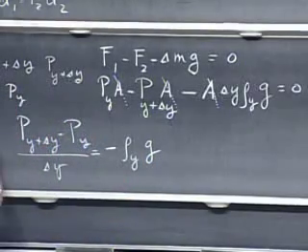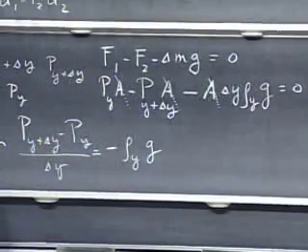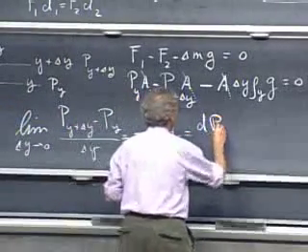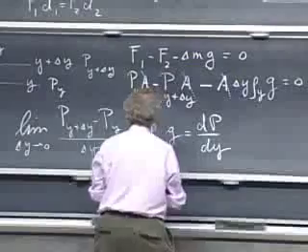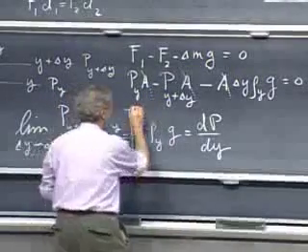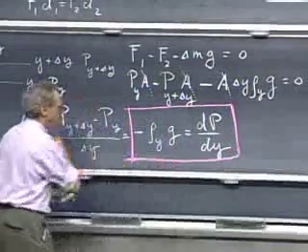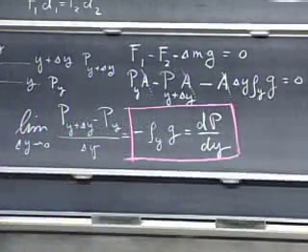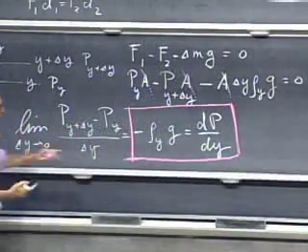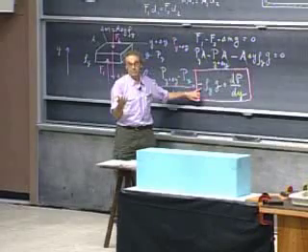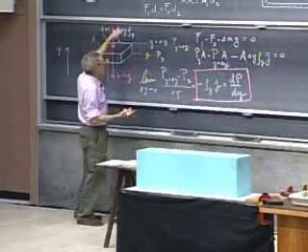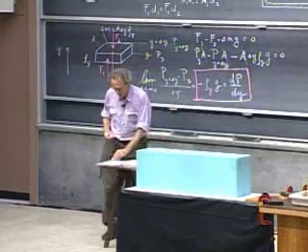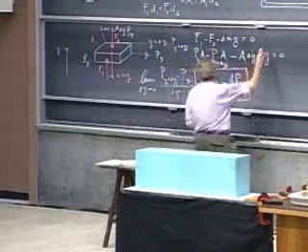And if I take the limiting case of this, for delta y goes to 0, then we would call this dp/dy. And this tells you that when you go to increasing values of y, the pressure will go down. It's a minus sign. Very natural. If you go with decreasing values of y, then the pressure will go up. And we call this hydrostatic pressure.